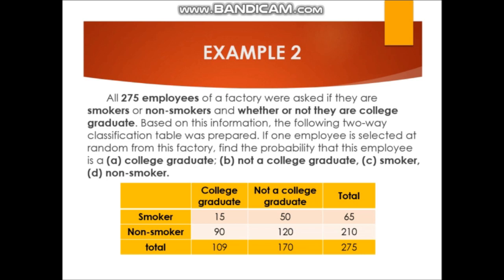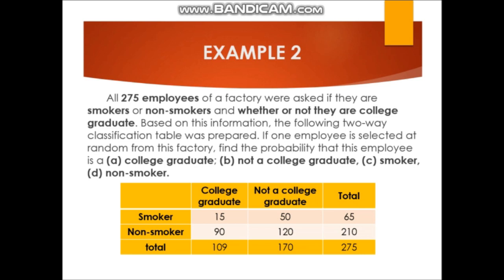Now, in terms of college, we have 15 smoker and 90 non-smoker with a total of 105 college graduate. And for not a college graduate, we have 50 smoker and 120 non-smoker with a total of 170 not a college graduate, with a total number of population which is 275.